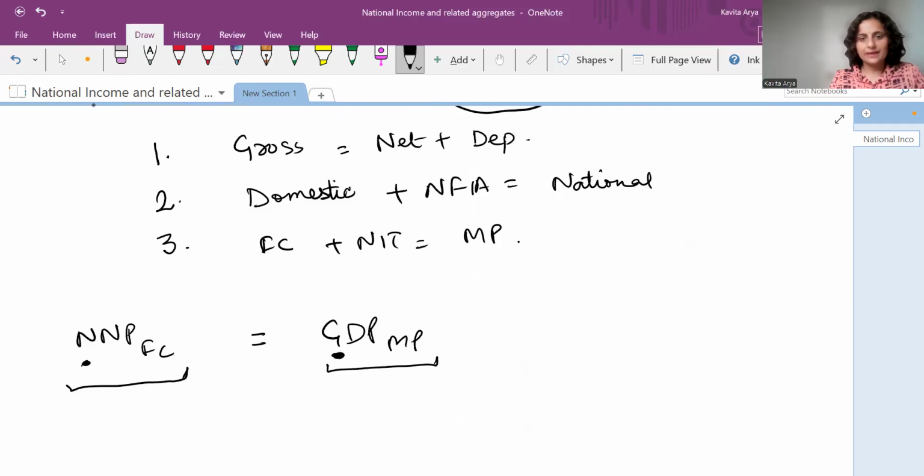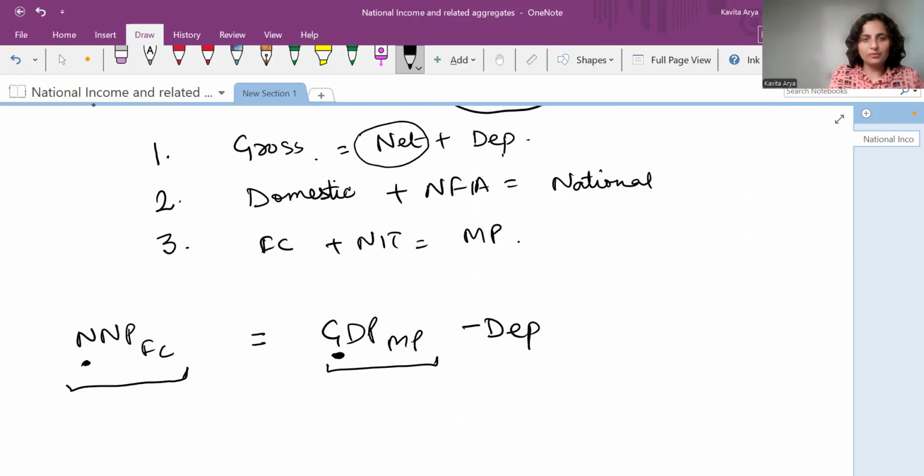So gross, how do we convert? Whatever is to be made, that will remain alone. Means gross minus depreciation will give us net. Whatever we have to make, we keep that on one side and the rest of the things go on the other side.